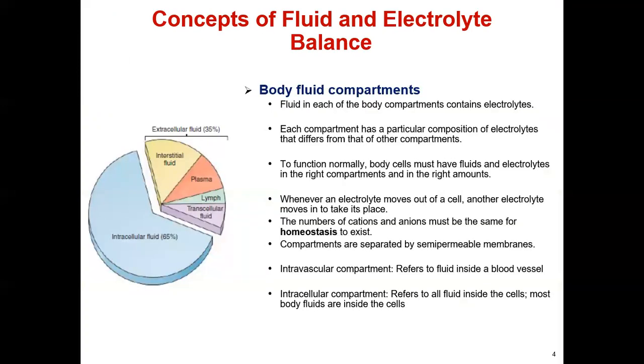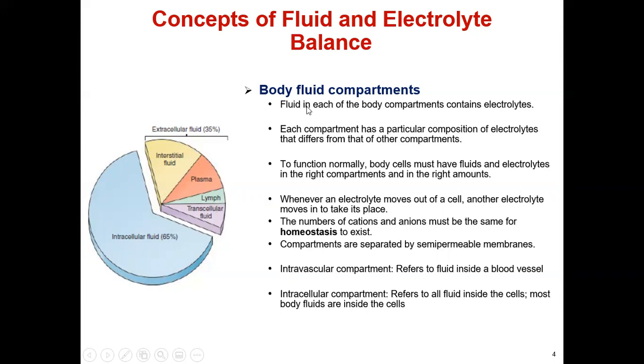What next? The concept of fluid and electrolyte balance. We divide body fluid compartments into two categories: intracellular fluid and extracellular fluid. Intracellular is 65%, but extracellular, outside the cell, is 35%. Extracellular fluid is again subdivided into interstitial, plasma, lymph, and transcellular fluid.